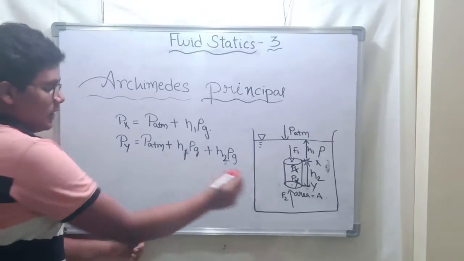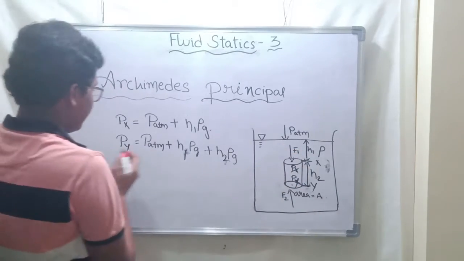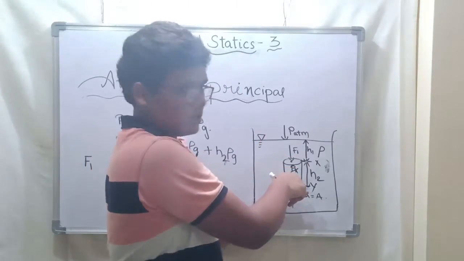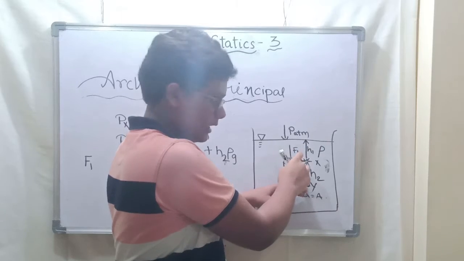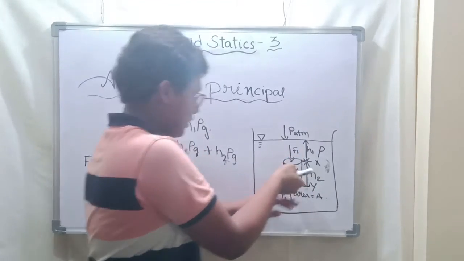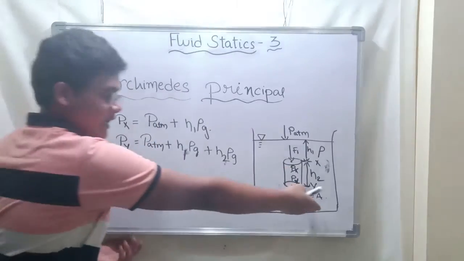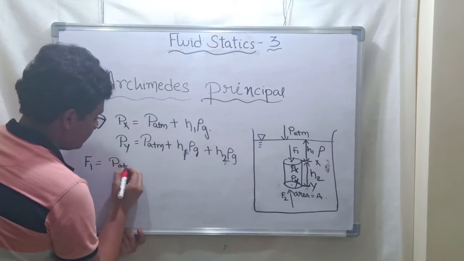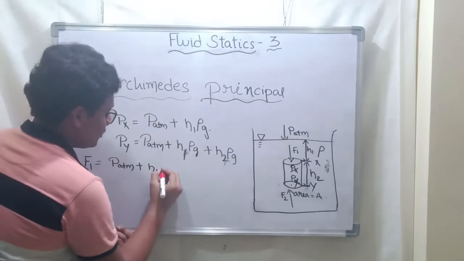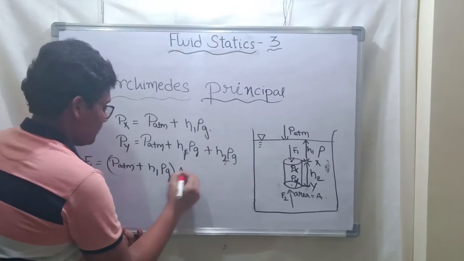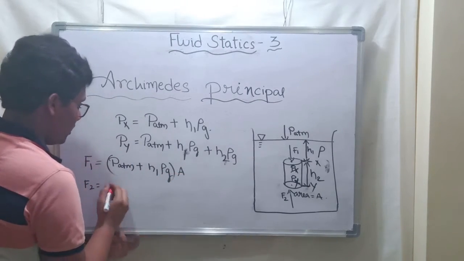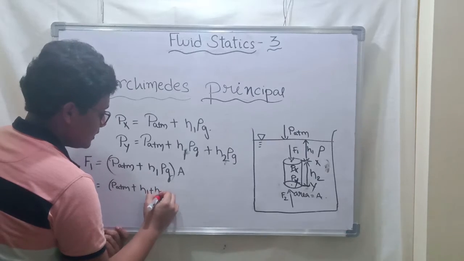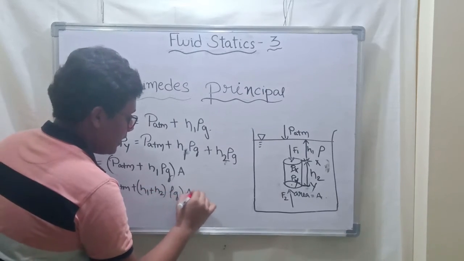Next, force F is equal to pressure into area, because the pressure is acting at here, so we will take the area A. F1 is equal to (PATM plus h1 rho g) into A, and F2 is equal to (PATM plus (h1 plus h2) rho g) into A, where rho g we will take common, and h1 plus h2.